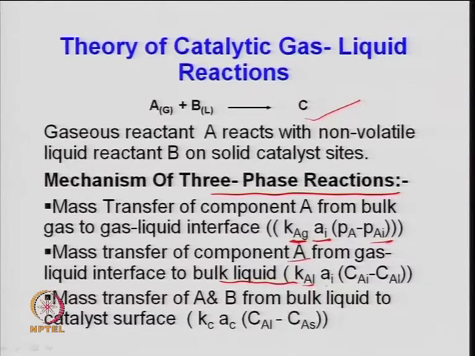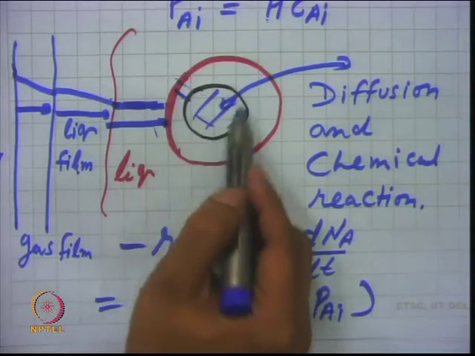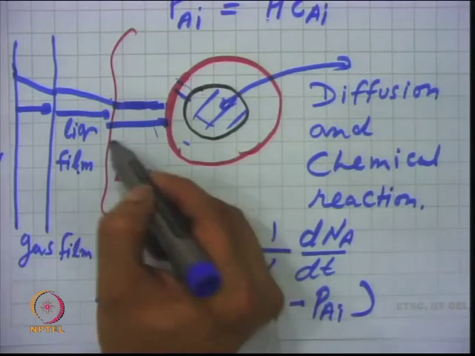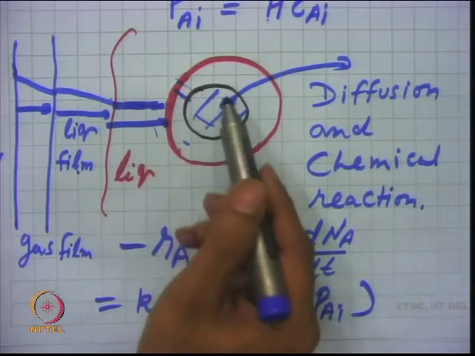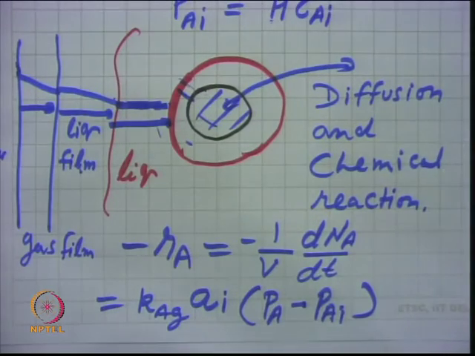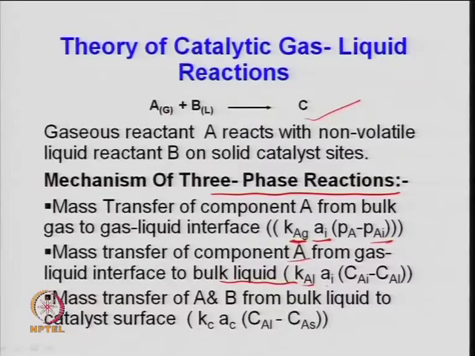So, once this happens, and the gas reaches the bulk, then there is a transfer of A. B is already there, so I am talking about the transfer of A from the bulk liquid to the external surface of the solid. This is a solid covered by a film of liquid, so there is a transport. This is the third step, and it will depend on the size of the solid, right. So, simply K_C is the mass transfer coefficient at the surface of the solid, and a_C is based on the surface area of the catalyst per unit volume of the catalyst, or surface area of the catalyst per unit mass of the catalyst.